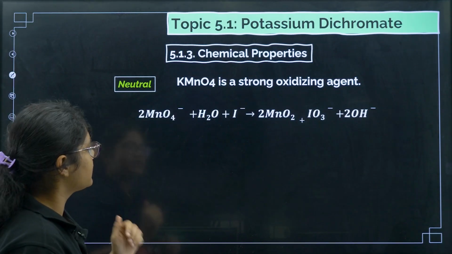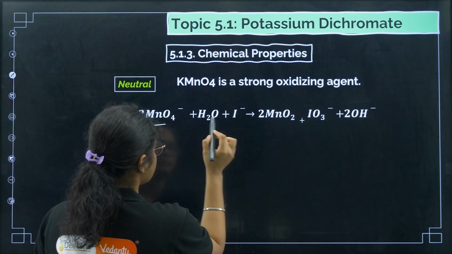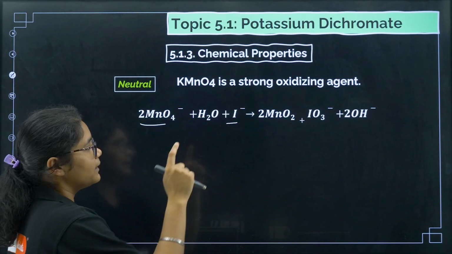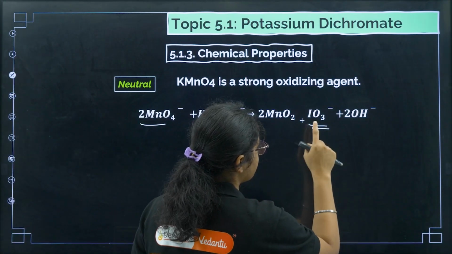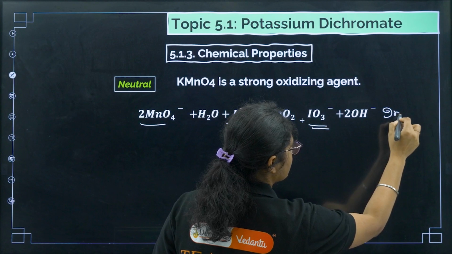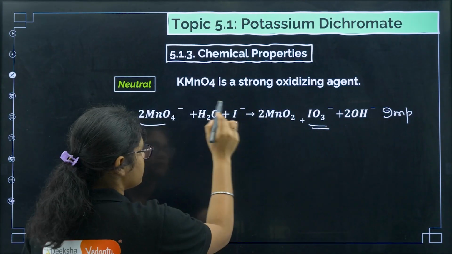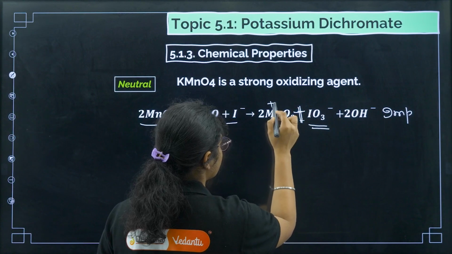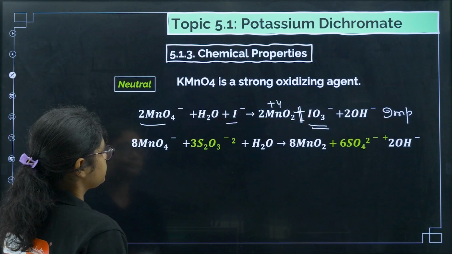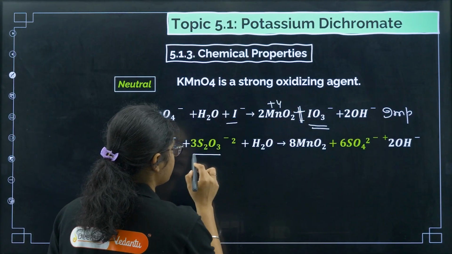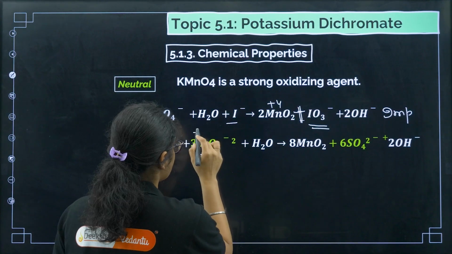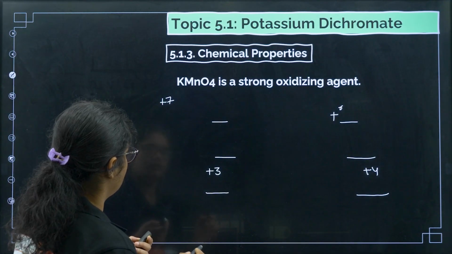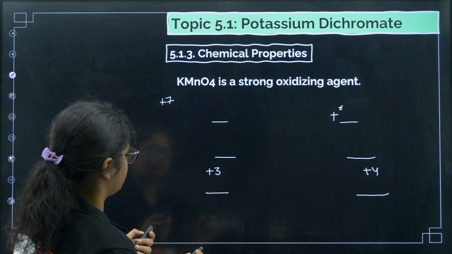In acidic medium I- was getting converted to I2, but in neutral medium I- will get converted to IO3-, a very important reaction, and MnO4- will get converted to MnO2, right? Similarly, if you see the previous reaction, we have SO3, fine.